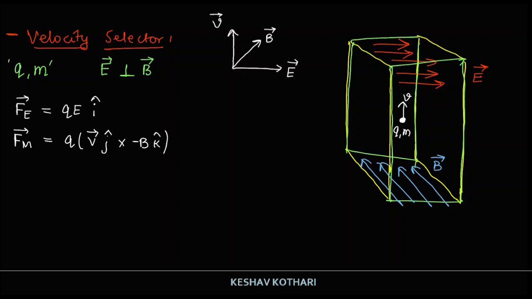If we perform the cross product, the value of j cross k is going to be i. We already have a negative sign, so we write it as minus qVB in the i cap direction.